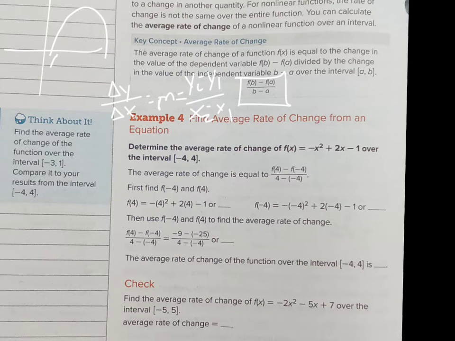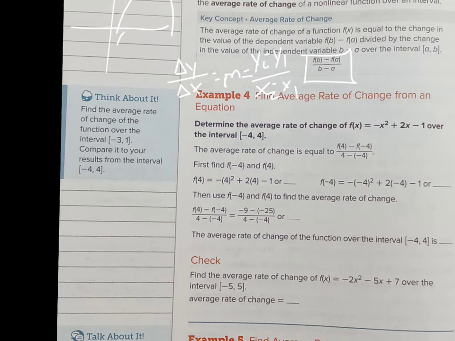Watch your signs. When we evaluate this at 4, right, we get negative 16 here. So right, it's negative 16 plus 8 minus 1.